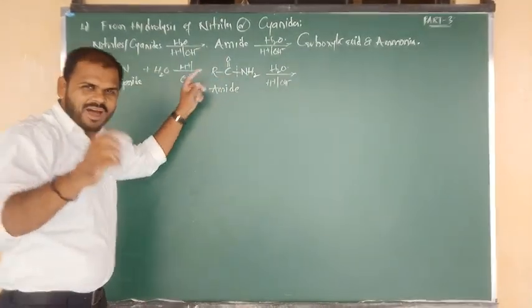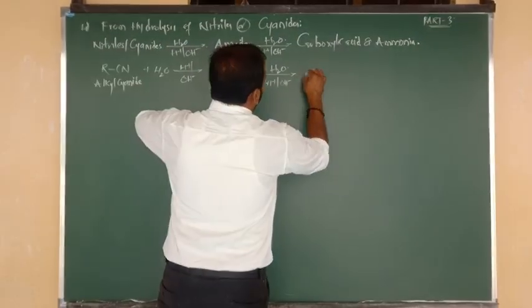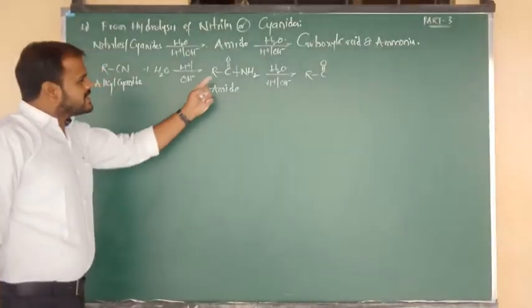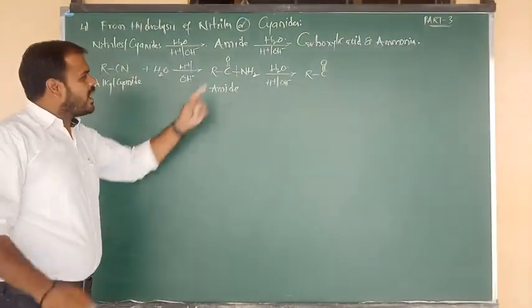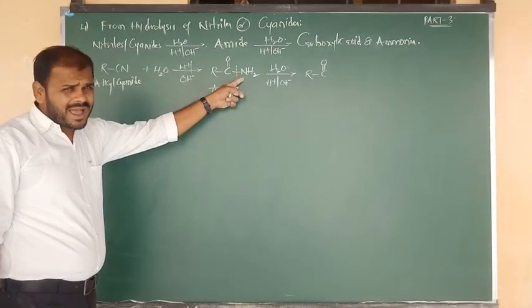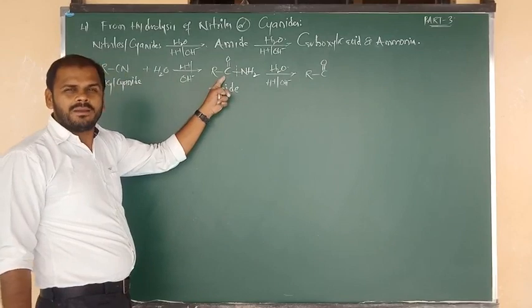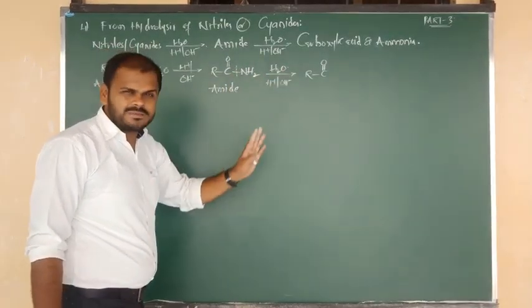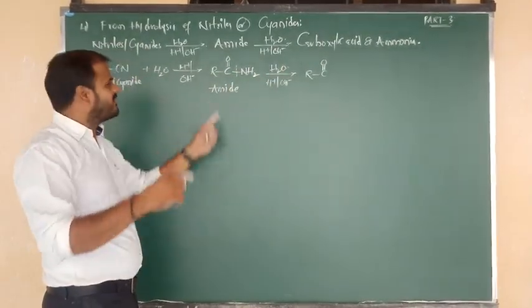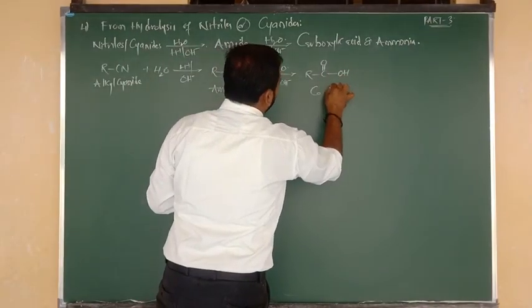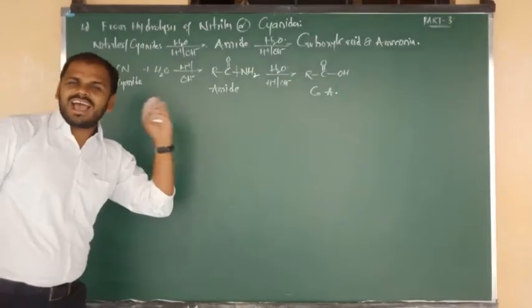The group R bonded to C double bond O has a positive charge on the central carbon and nitrogen has a negative charge, because nitrogen is more electronegative than carbon. The water molecule contains H plus and OH minus. OH minus is given to the central carbon. This is your product, carboxylic acid.